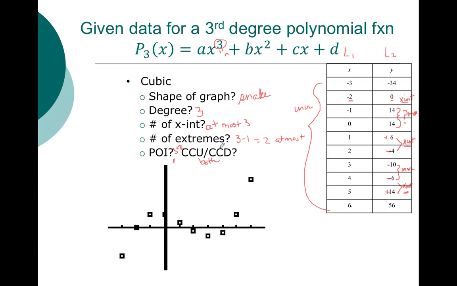Do you see the x-intercept at -2, 0? Oh, hey, I had a y-intercept, didn't I? When x is 0, y was 14. Do you see it? And then look at what this is. That must be a maximum.